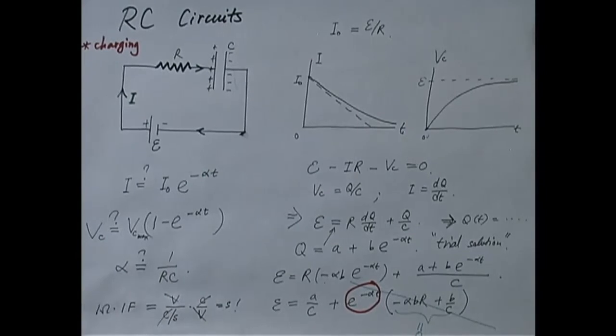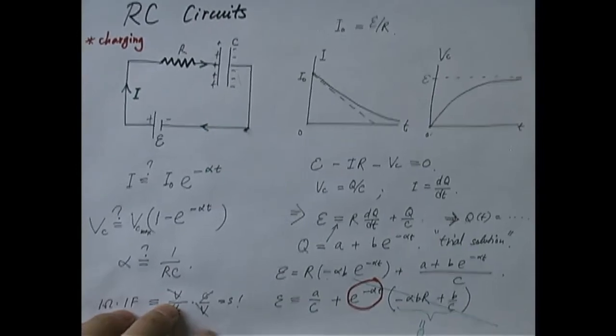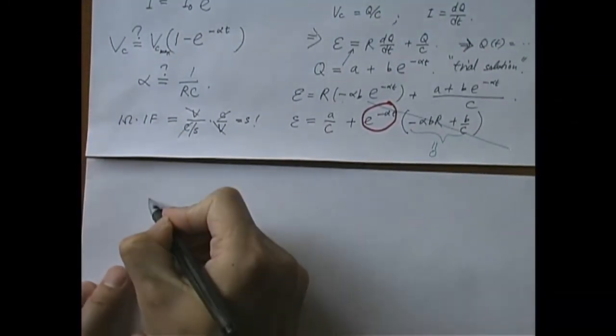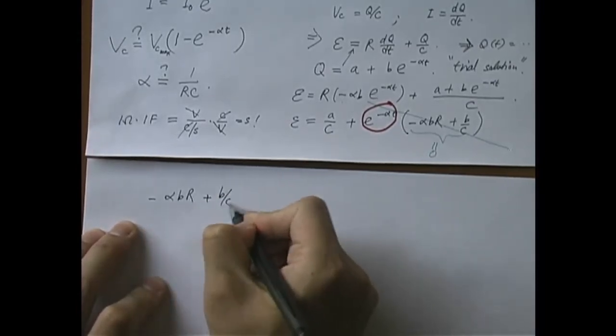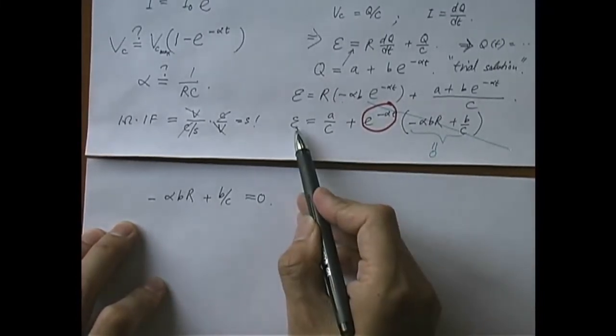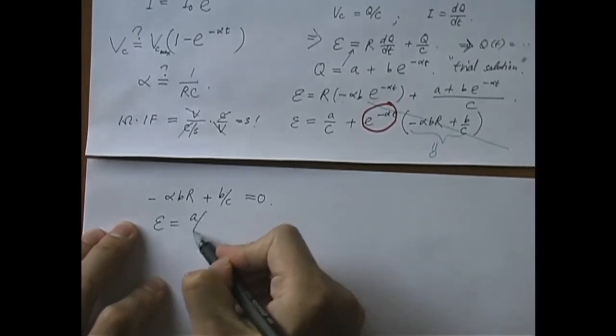So we conclude that the only way to make this valid for all values of t would be to kill this term. In other words, we want negative alpha r b plus b over c to be 0. And as a result, epsilon must be equal to a over c, because there is no term left. Epsilon equals a over c.